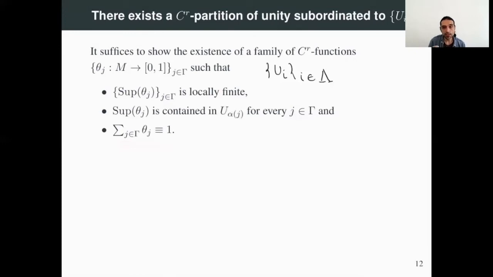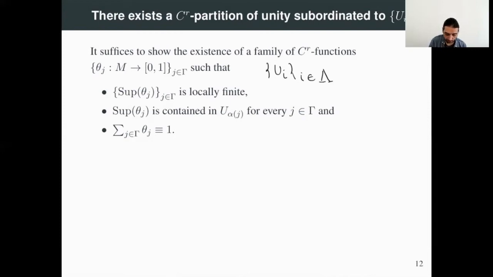So the only difference is that now we are considering that the supports are not necessarily contained in U_j, but they can be contained in any element of the open cover. And if we have this, indeed, we are going to have a partition of unity subordinated to our open cover with the previous definition.